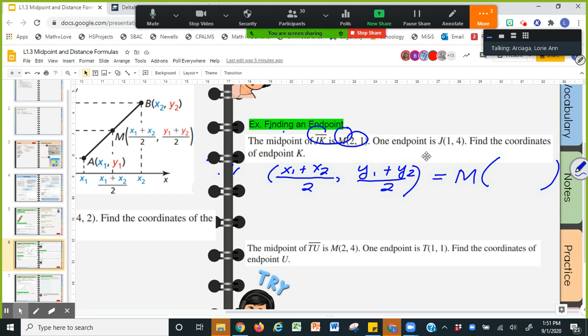The problem said the midpoint is 2, 1. So let me write that over here. 2 comma 1. And then there's only one pair given for the points, which is 1 and 4. So those ones can replace your x1 and y1, because that's one x coordinate and then another x coordinate.